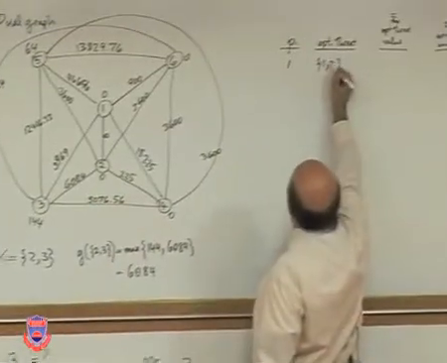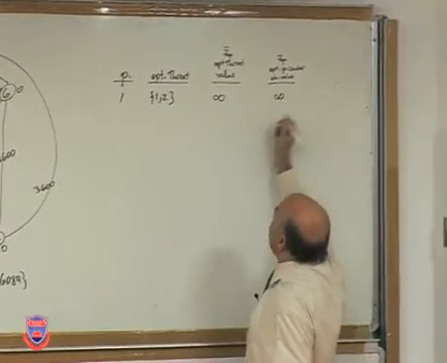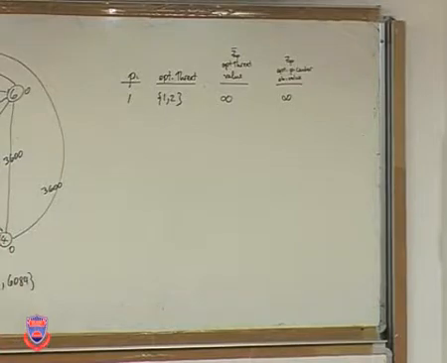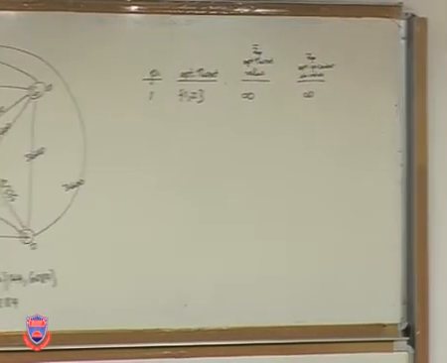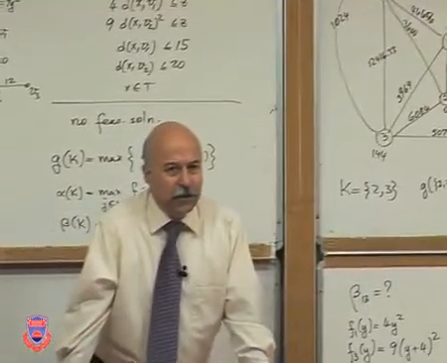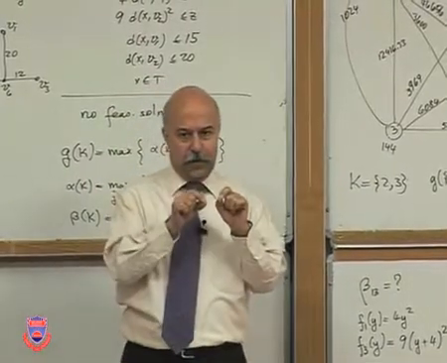Alpha infinity, beta maximum. There's no feasible solution to the one-center problem. The primal problem with one facility does not have a feasible solution. Why? Because the index pair 1 and 2 does not permit a feasible solution.